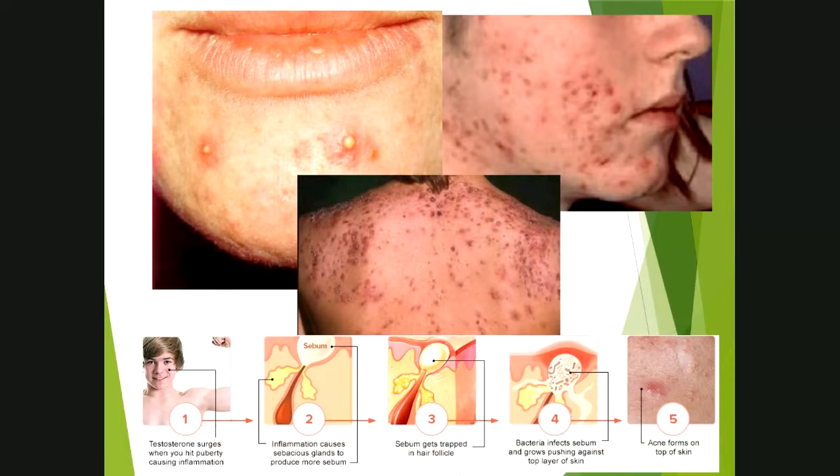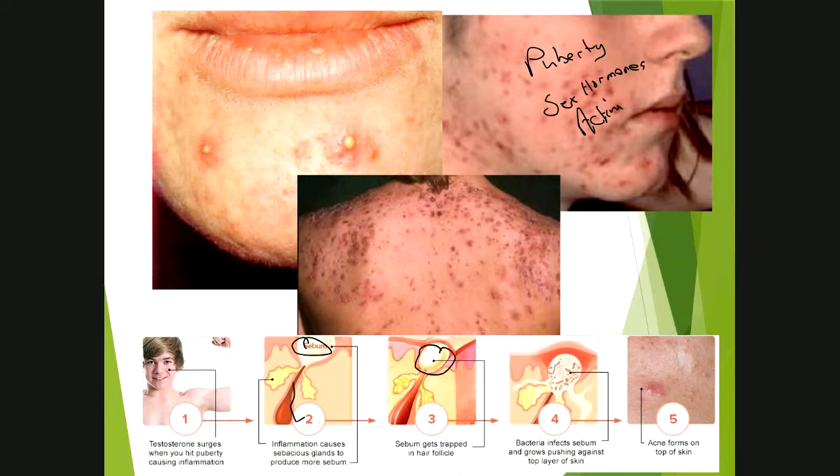One of the things that can happen with these glands is that around the time of puberty, they become very, very, very active because they're influenced by hormones. The same hormones that cause you to change at puberty also make these glands very, very active. And when they become very active, sometimes they get clogged up.